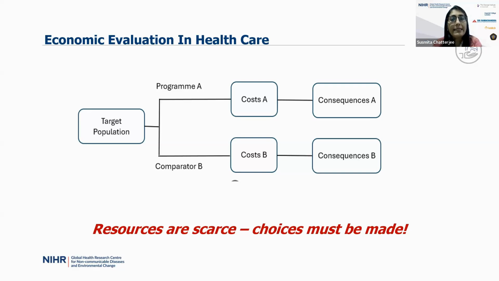If that is the case, then I should choose the vaccine. If not, then I'll continue with the treatment. The ideal situation is this, and this is what economic evaluation will help you to do, to think about whether I should stick to just treating the COVID-19 patient as I am doing now, or I should focus on vaccination.